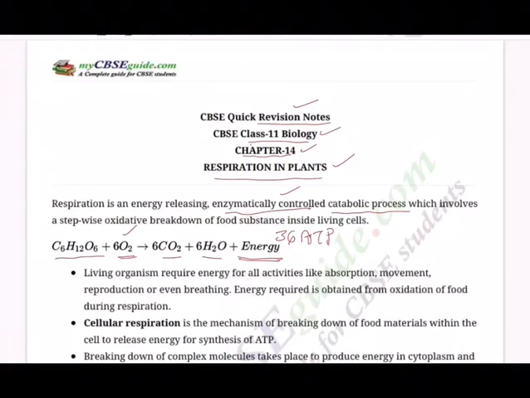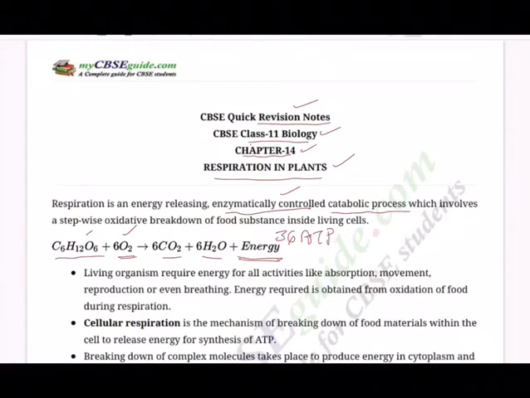Whatever we eat, breakfast, lunch, dinner, and other snacks, coffee, tea, all this goes inside our body and gets digested. At the end of digestion, the end product is glucose. Glucose reaches each and every cell in our body via blood. The cells get oxygen too, thanks to breathing.